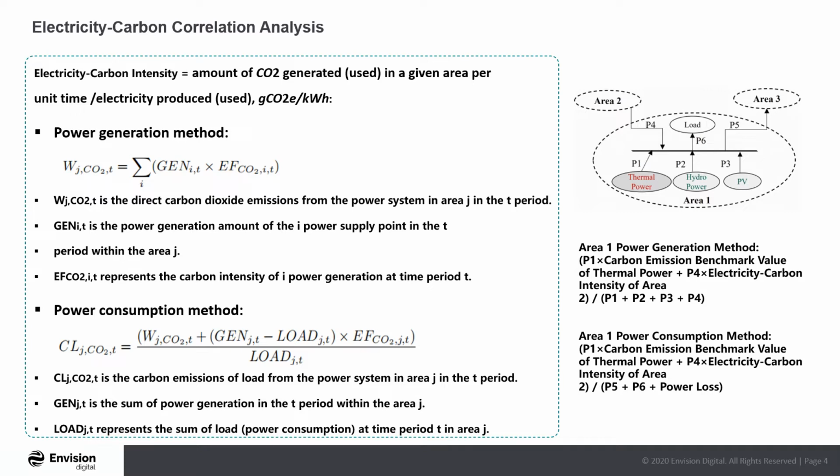The carbon intensity on the user side equals the carbon intensity of area 1 times P6.